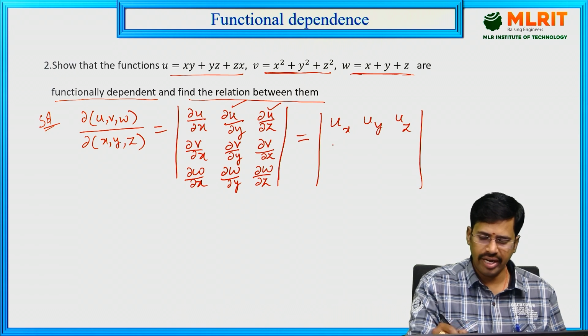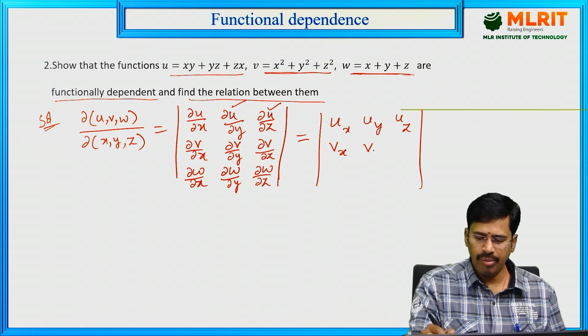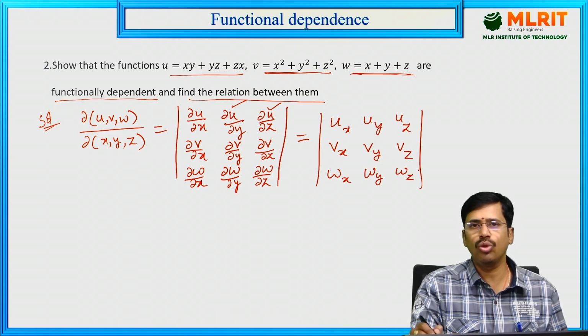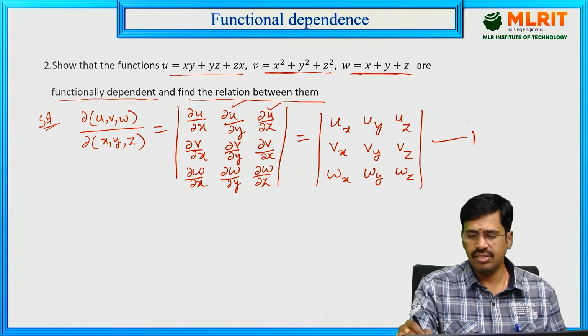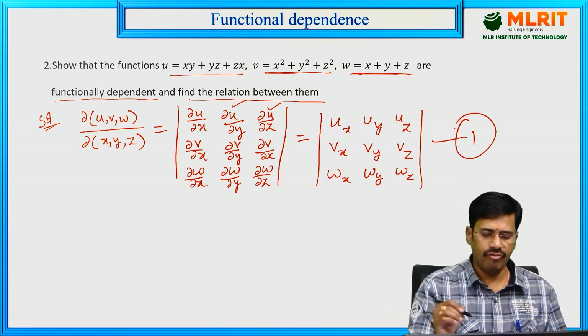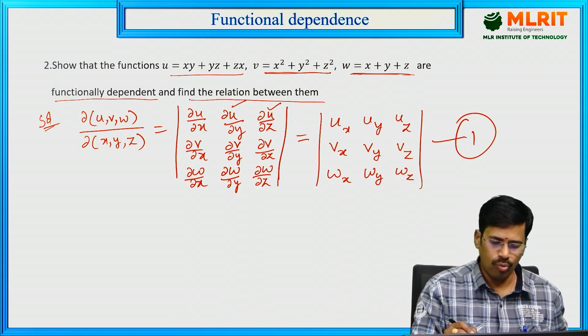Next, coming to the second row, dou v by dou x can be written as v suffix x, dou v by dou y means v suffix y, v suffix z, dou w by dou x, dou w by dou y and w suffix z means dou w by dou z. We can also represent it like this. First let us find all these partial derivatives and substitute in this. We have to get the Jacobian 0.